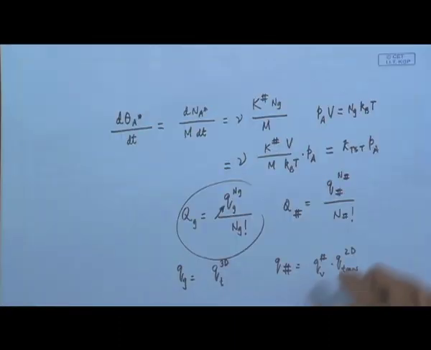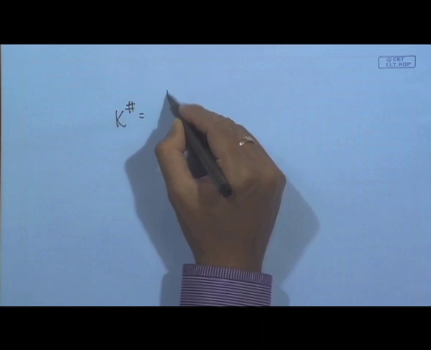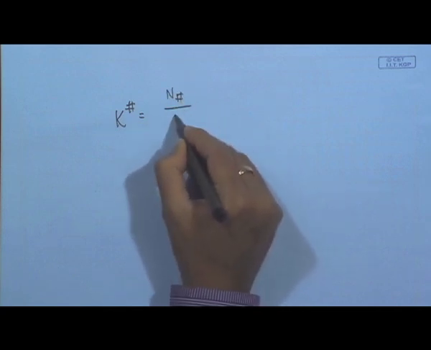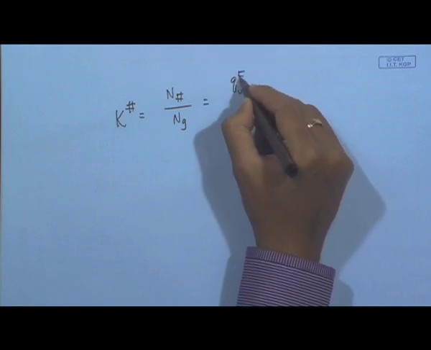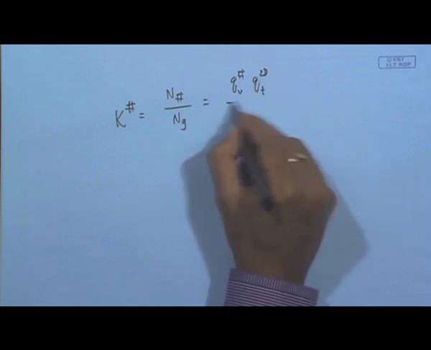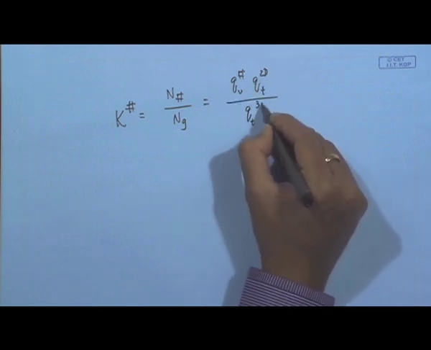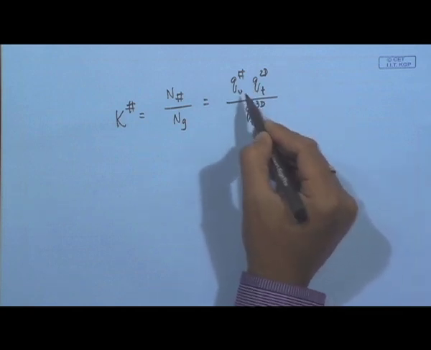Therefore, we have taken one of the translational modes out as a vibration. So K double dagger is equal to N double dagger divided by N_g, which is equal to q_v double dagger q translation 2D divided by q translation 3D. So 1 degree of freedom is taken out as a product.